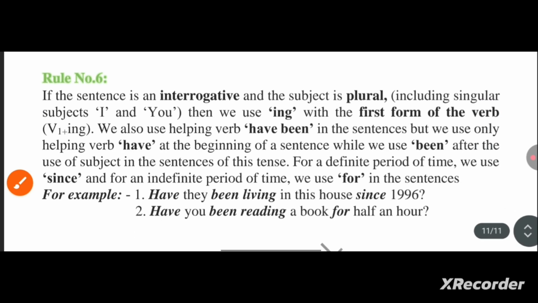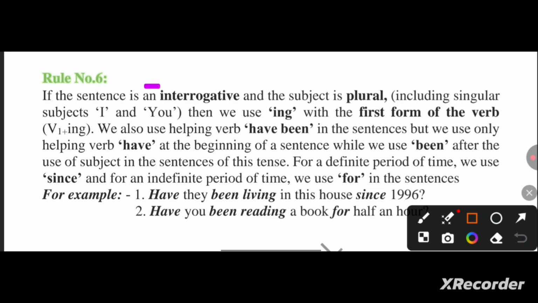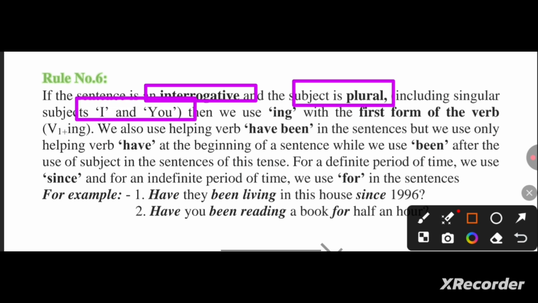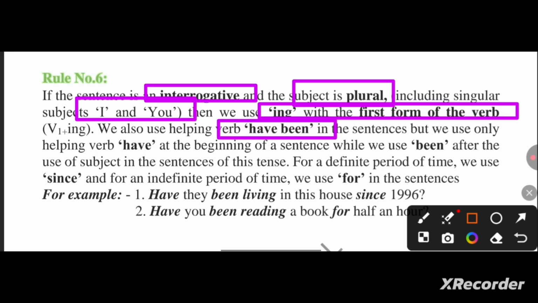Now, if the sentence is an interrogative one and the subject is plural, including singular subjects I and you, we use ing with the first form of the verb. Helping verb have been is used in the sentences.